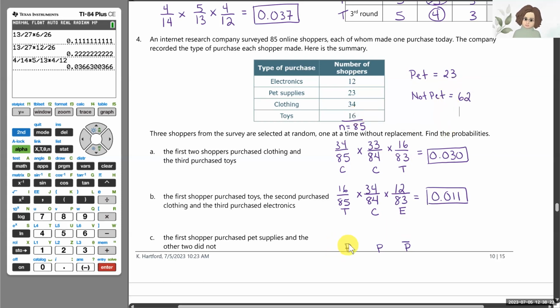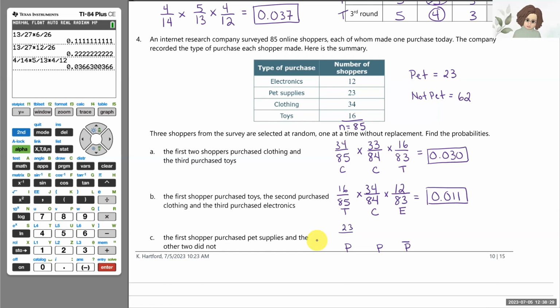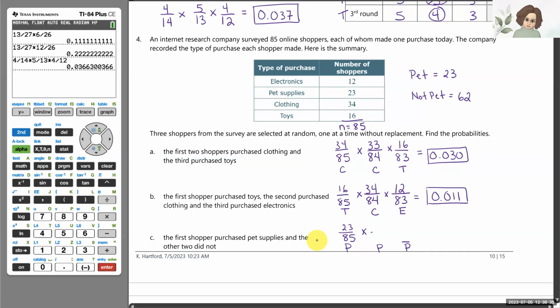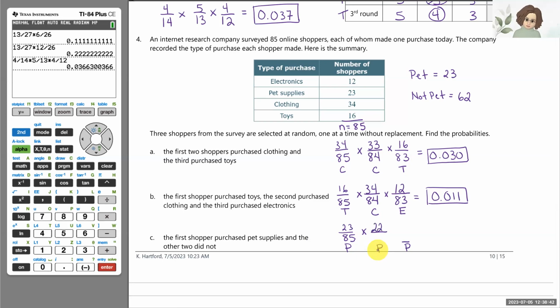So the probability the first person that we pick bought pet supplies would be 23 out of those 85 people. So we pick that person, so they're gone. So I wouldn't have 23 people left that bought pet supplies. Now there would only be 22 out of the remaining 84.